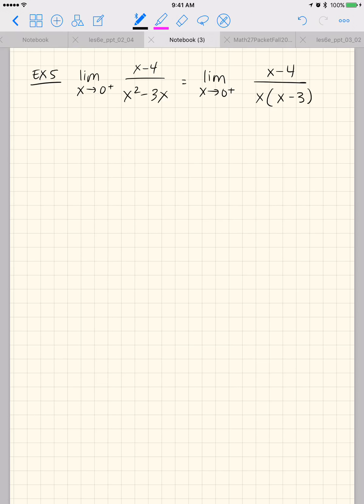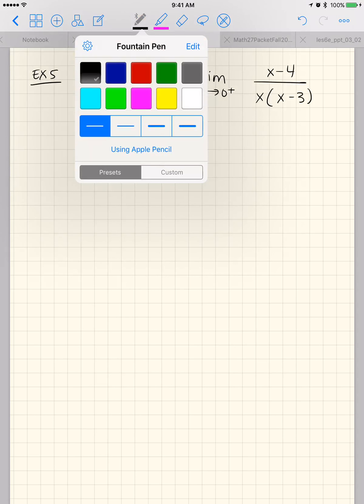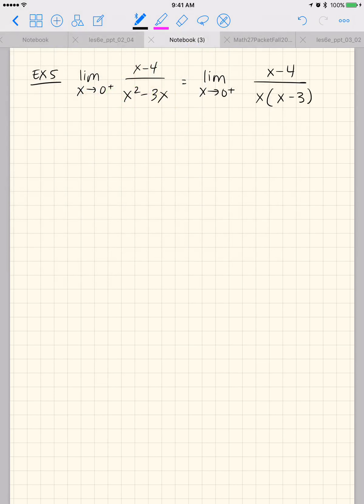Now, we have a vertical asymptote, so I'm going to use that fact from class.